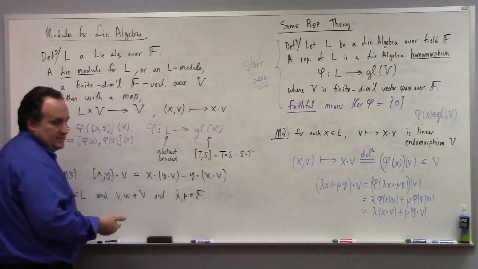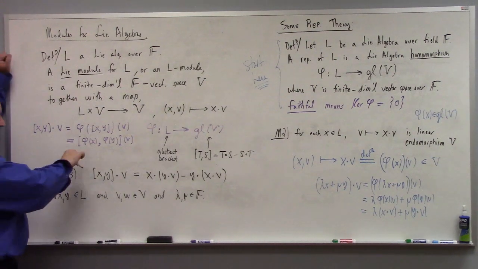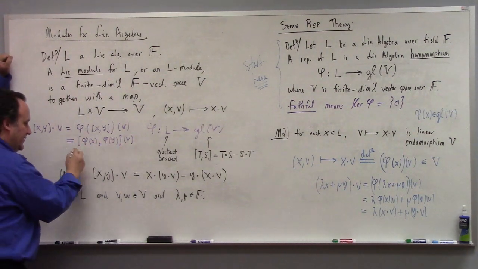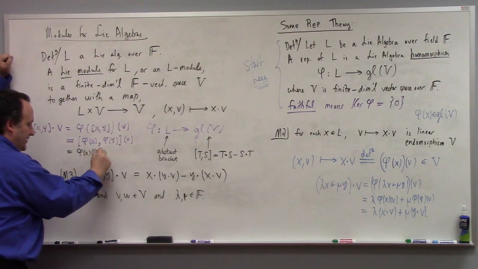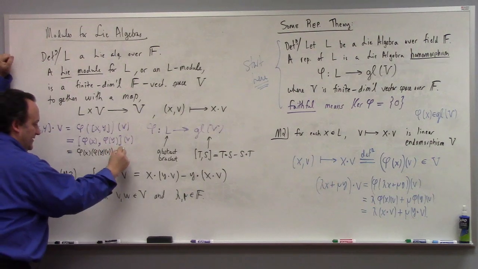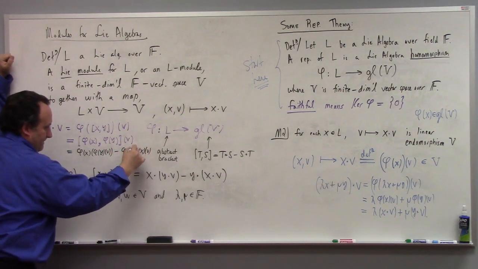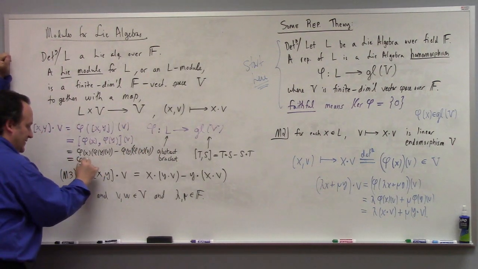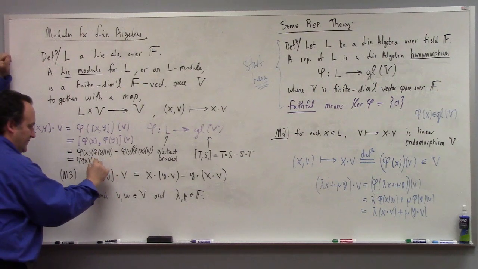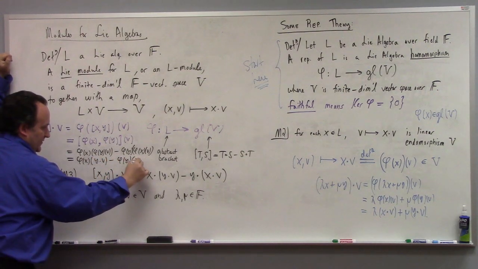That's the bracket in the linear transformations. So when I put that into practice over here, I'm looking at phi of x of phi of y of v minus phi of y of phi of x of v, which is also known as phi of x, and this would give me y dot v, minus phi of y, and that would give you your x dot v.